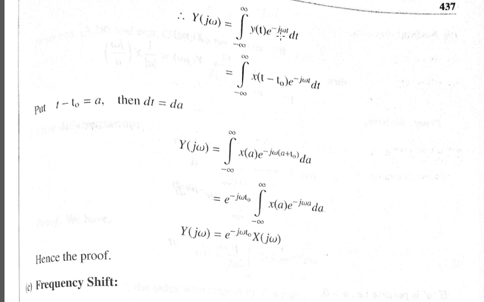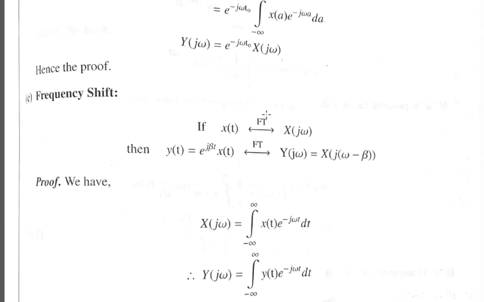So this equation becomes e raised to minus j omega t naught times this integration, which is nothing but X of j omega.